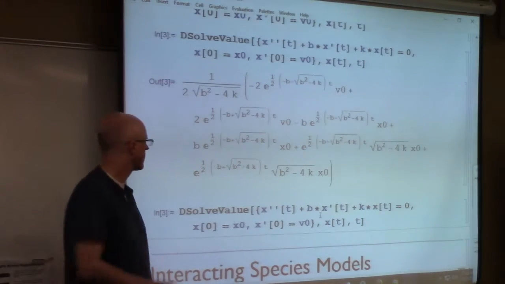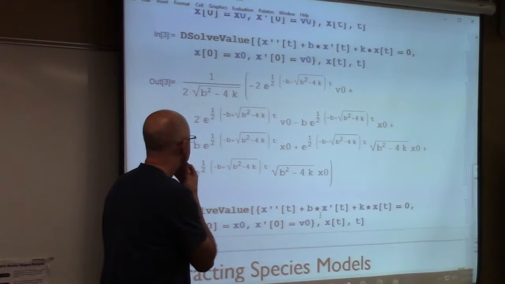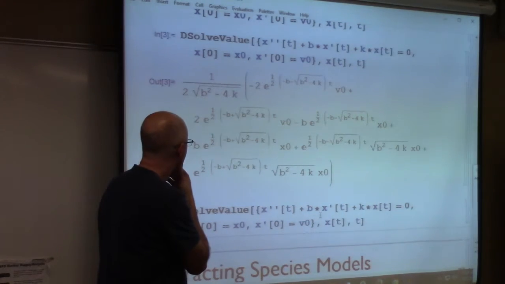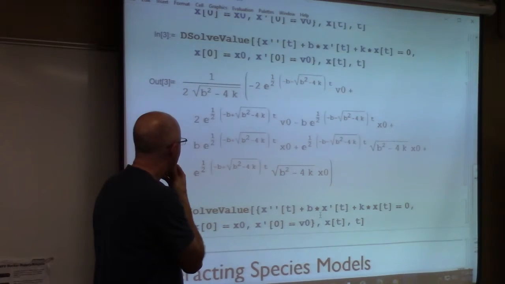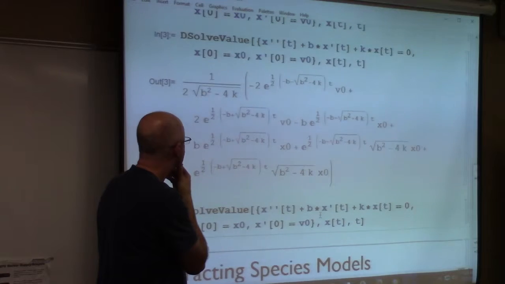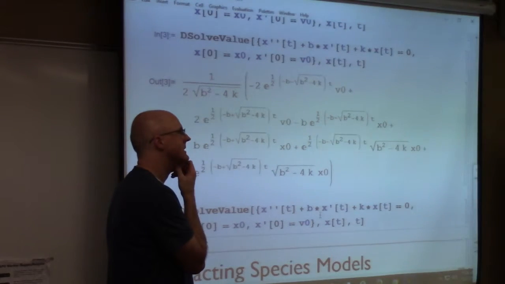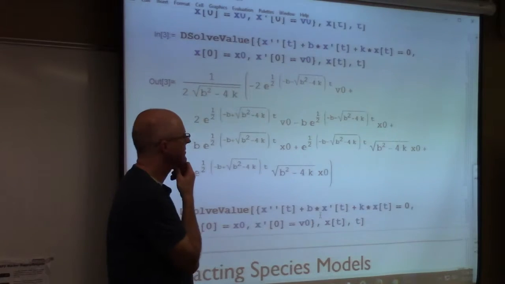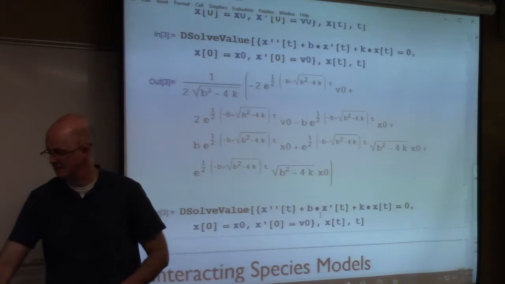What would make the square root come out nice? For example, if b were 5 and k were, let's see, b were 5 and k were 6 would come out nice.